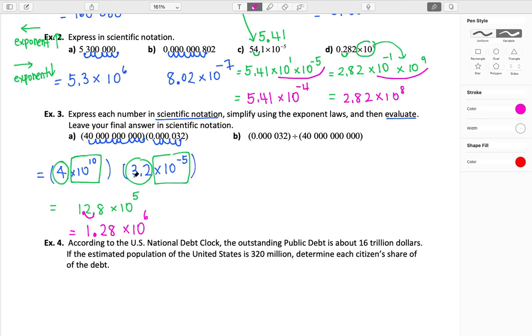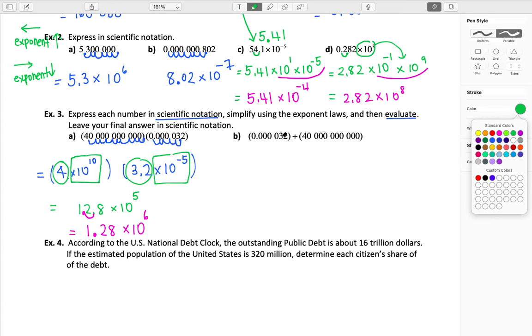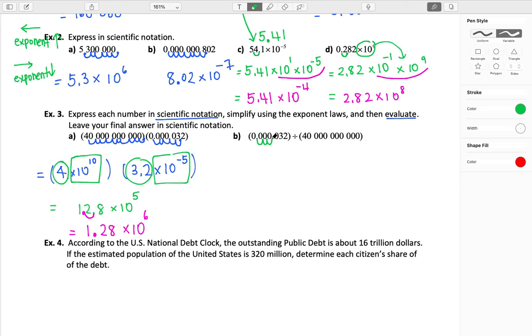Now let's try letter B, 3B. Let's convert the first number to scientific notation. The decimal is here, 1, 2, 3, 4, and 5. So I stopped at 3.2 times 10 to the negative 5. Okay, we move to the right, so it's becoming negative.